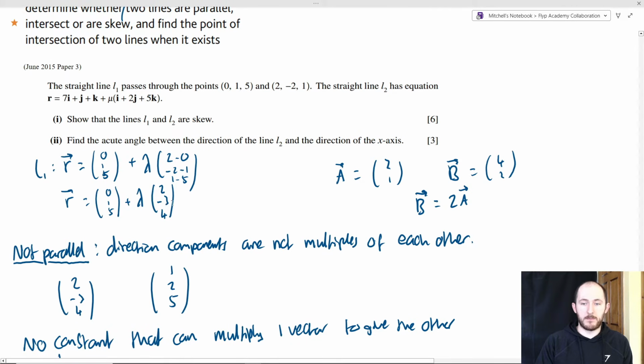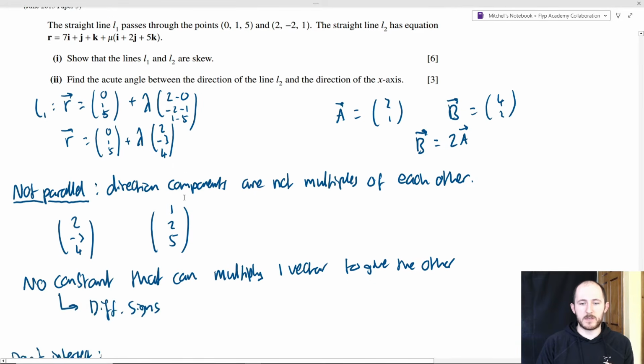And 1 minus 3 lambda should equal 1 plus 2 mu, and so on. So that's what we have to do. And we have to prove that the system of equations is solvable or not solvable. If it's not solvable, it means that they are not intersecting with each other.